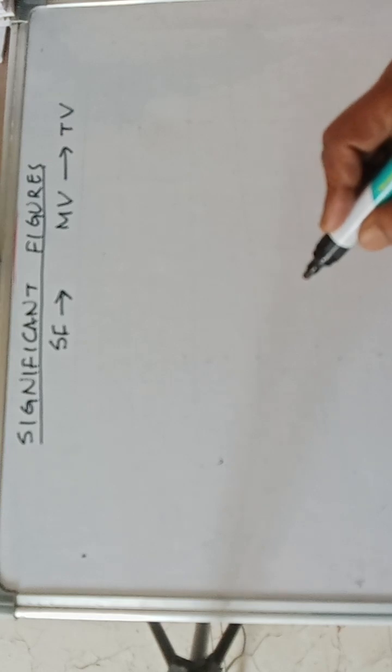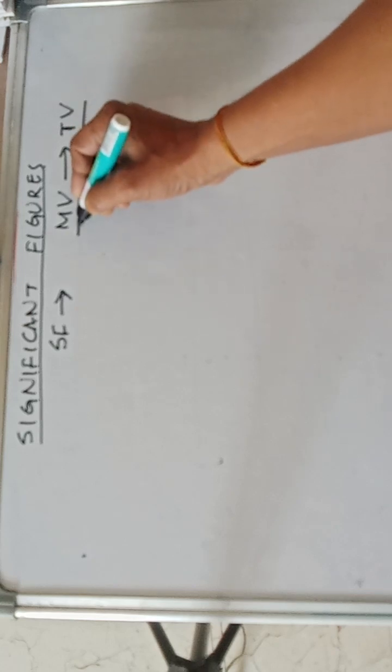We have studied that quantity is a term in physics which can be measured. That means in place of items we'll be using quantities in physics, and the quantity that we want to measure will have its own true value, that is the exact value, and the measured value.